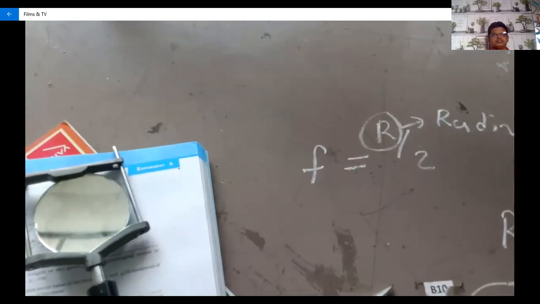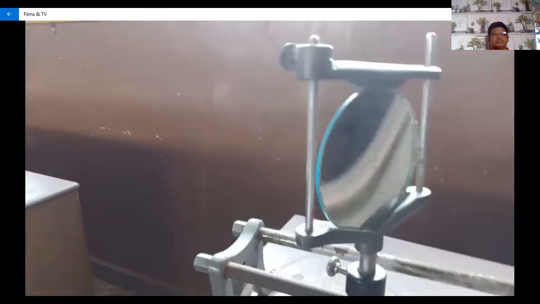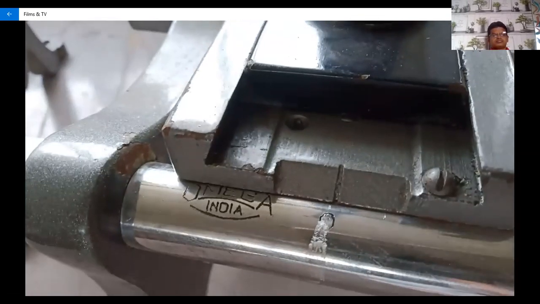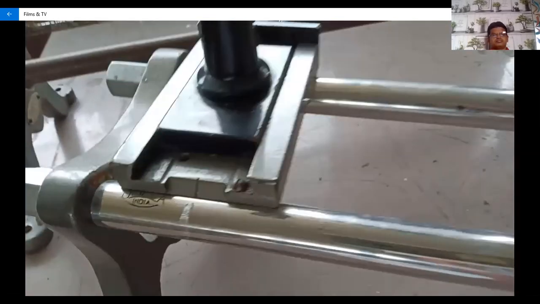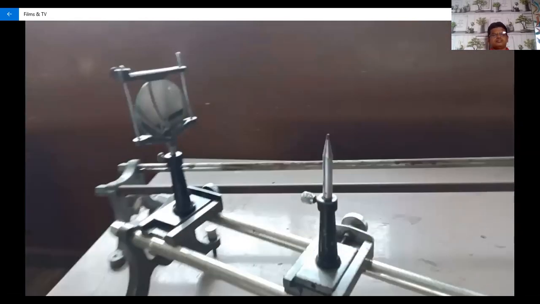So now we start our first observation. First we put the concave mirror in the specific stand, and then we find the scale. First we put the concave mirror at the 0 position, and we put one pin. This is the object pin.